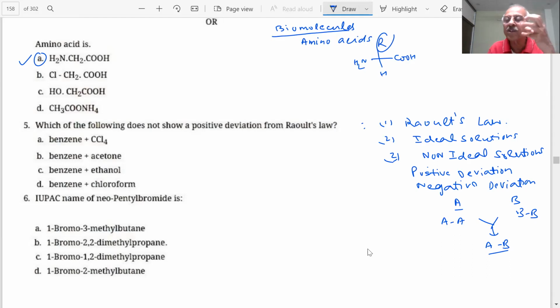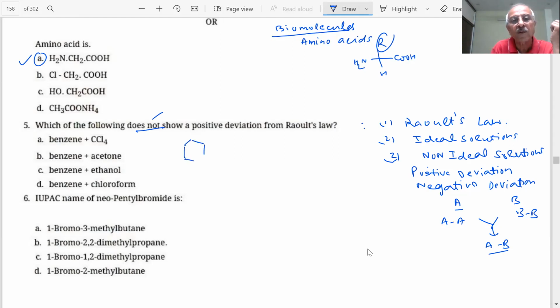If AB interactions are weaker, the vapor pressure will increase, positive deviation. And if AB interactions are stronger, attractive force increases, negative deviation. So we have shown you two types of deviation here, and we need the one which does not show positive deviation. Clear?